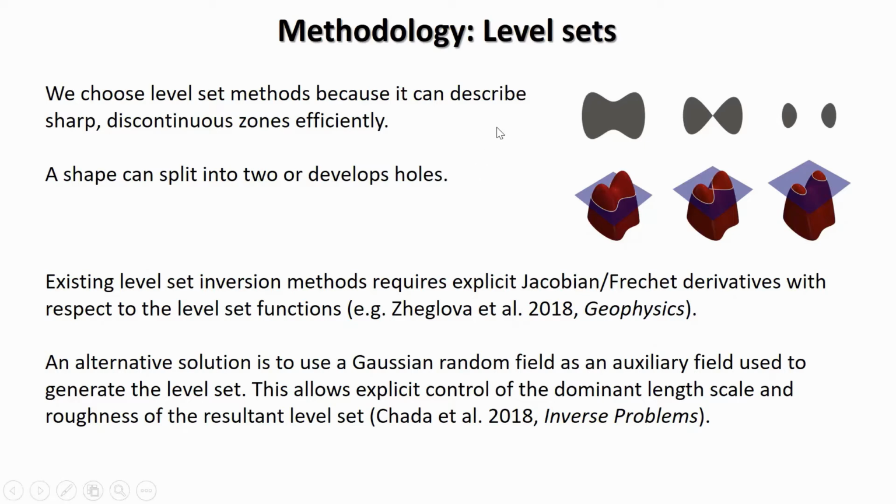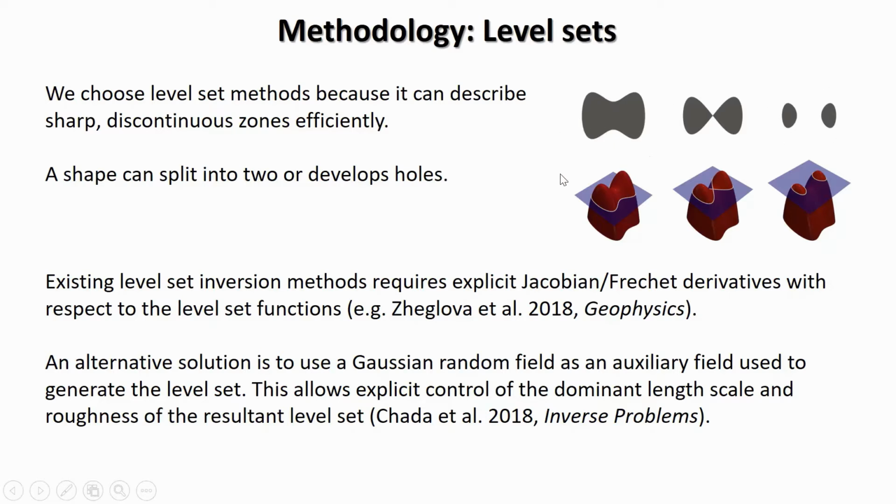And so we show up on the top right here, this image showing how you might actually threshold different levels of our random field and result in some zonation, which does not need to be continuous. So we see on the top right here, we've actually got two individual zones that make up that single property.